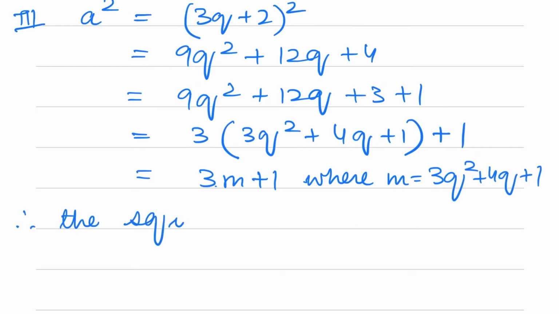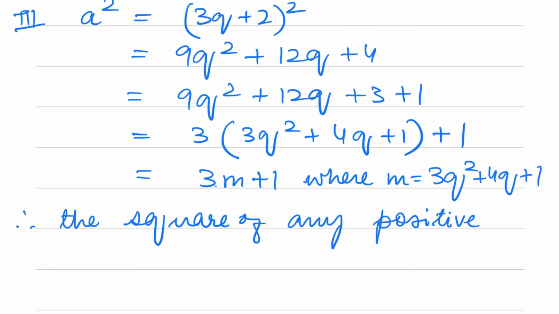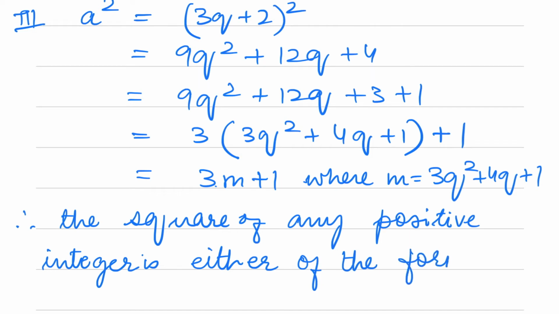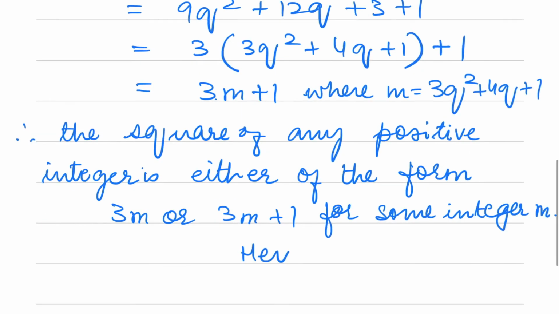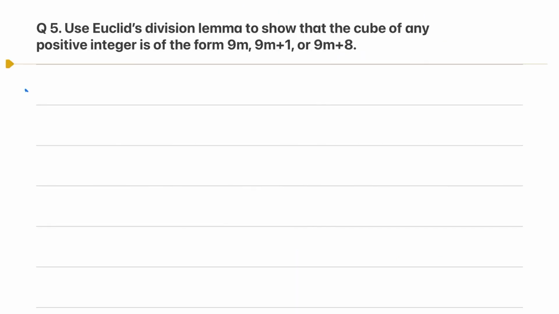The square of any positive integer is either of the form 3m or 3m plus 1 for some integer m. So, hence shown.